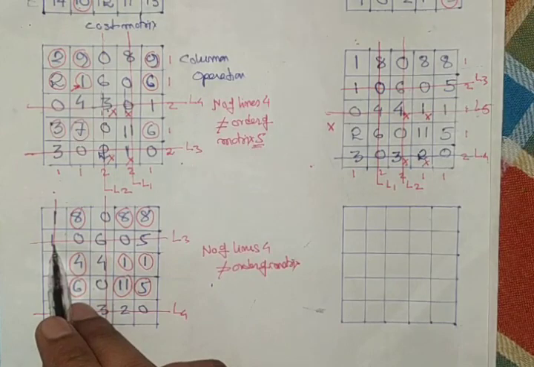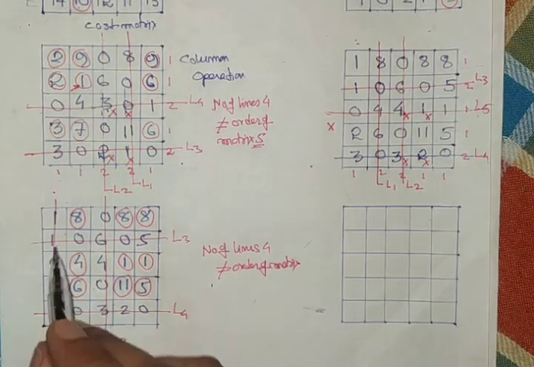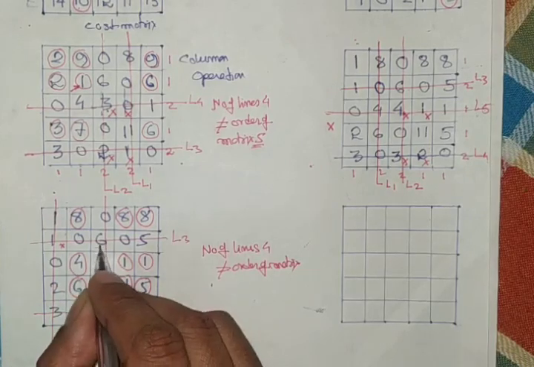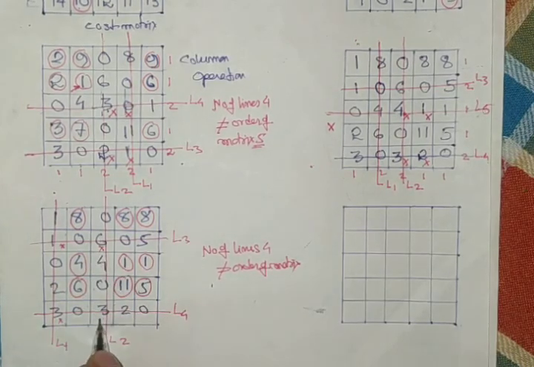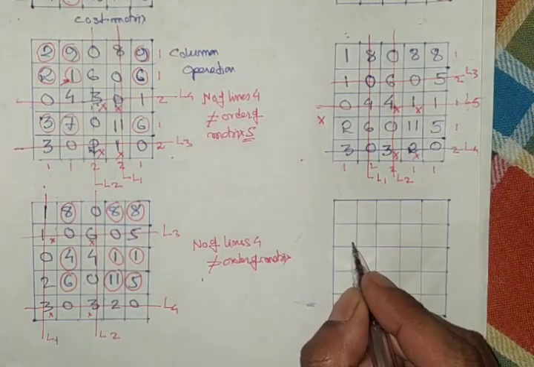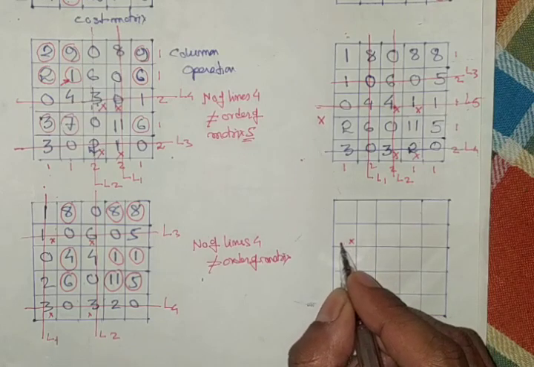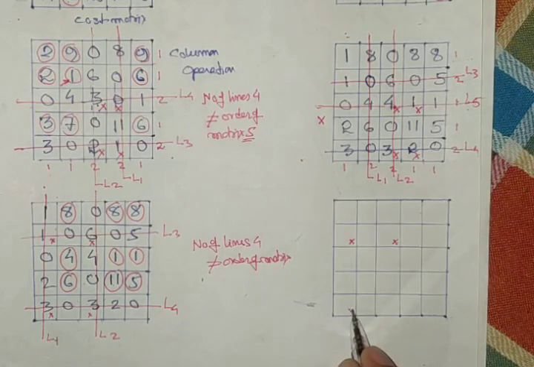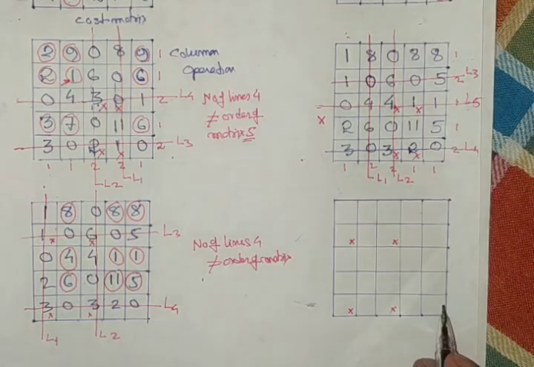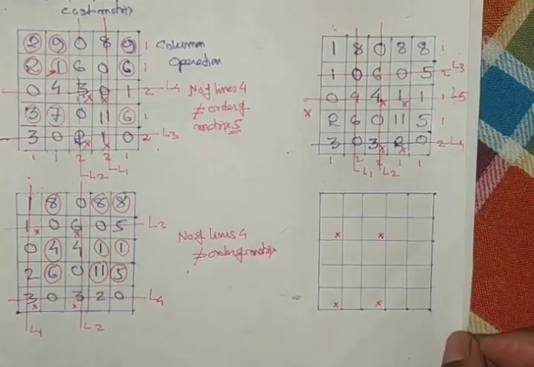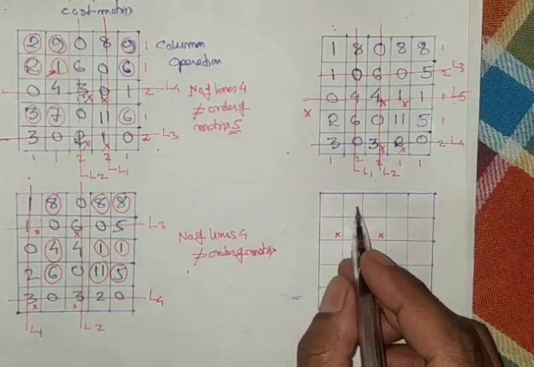And the cross mark has been done. This is the cross mark, where 2 lines cross here, this one, and this one. So let me mark here in this new table. This is where lines cross, this is where lines cross, this is where lines cross. Let's write down the elements which will not change.